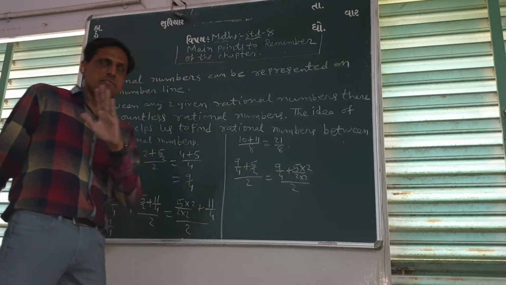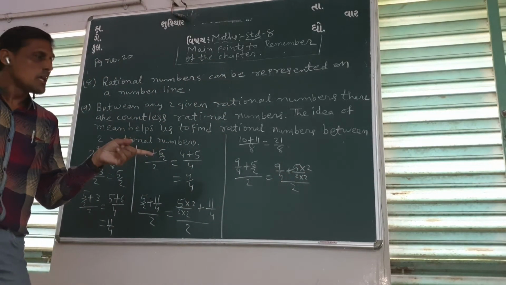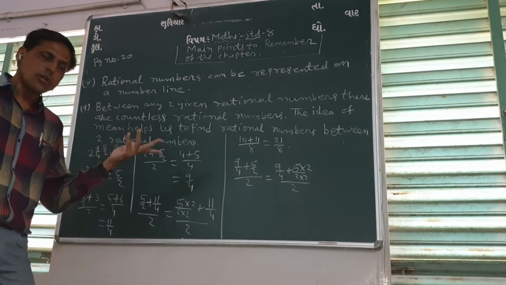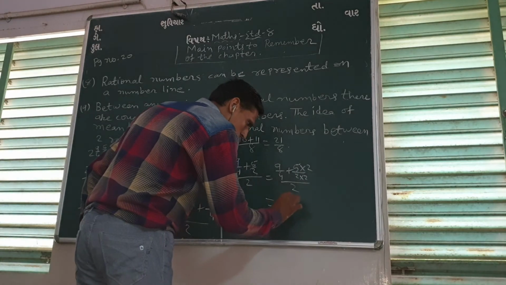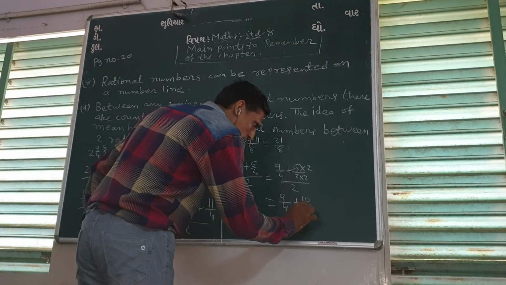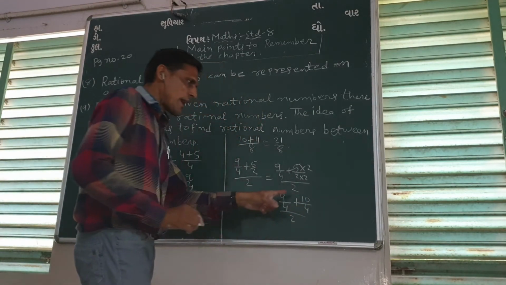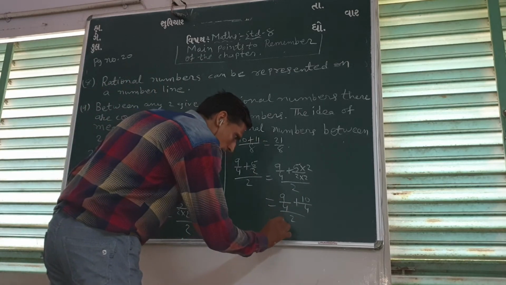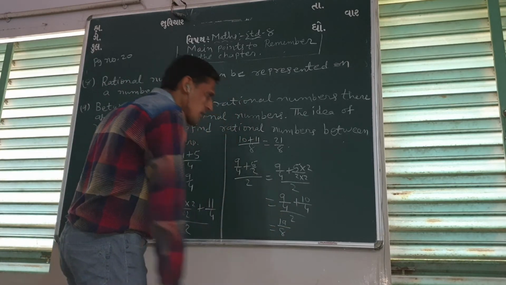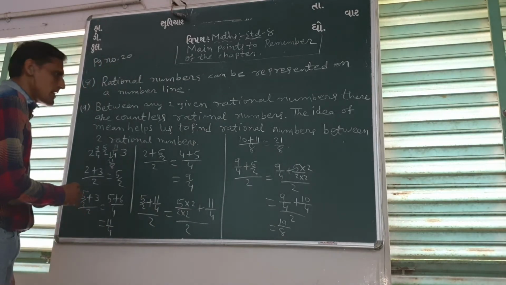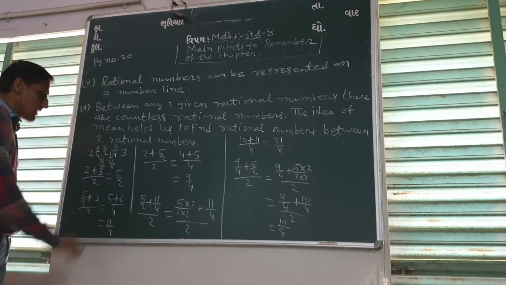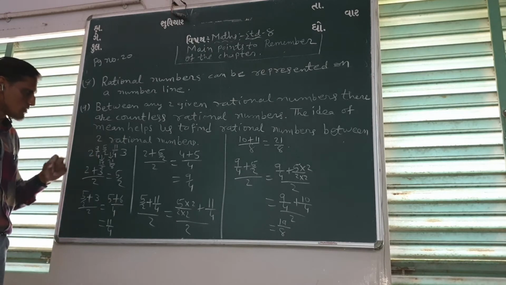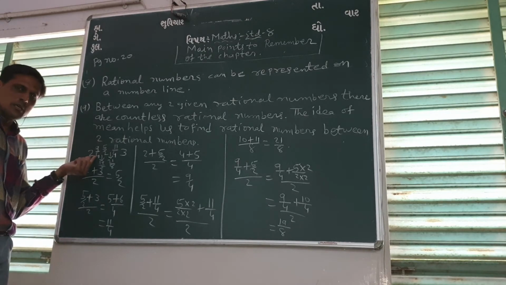In exercises we have not done by this method, right? But by this method also we can find rational numbers. Okay. So 9 by 4, 10 by 4, by 2. Now 9 plus 10 is what? 19 by 8. So 19 by 8 will come here between these two. 19 by 8. Okay. Now between these two also we can find rational numbers, right?